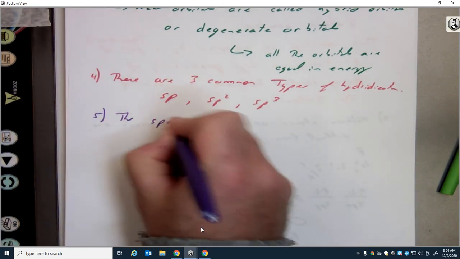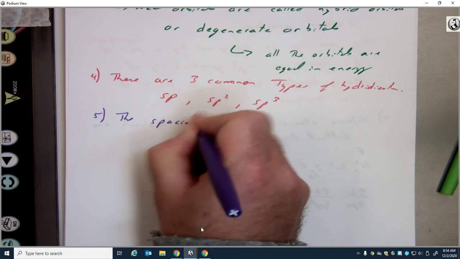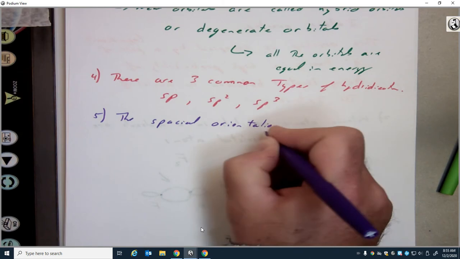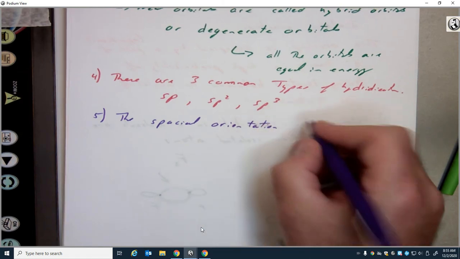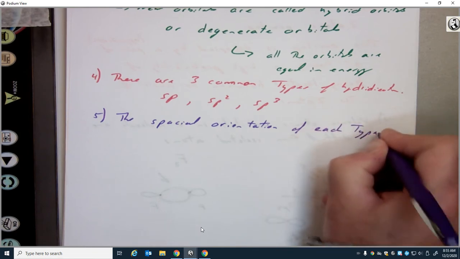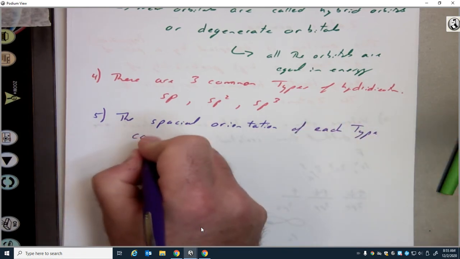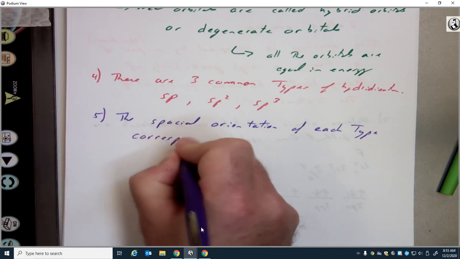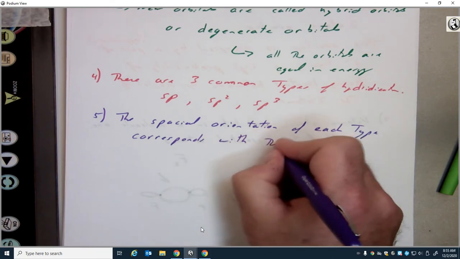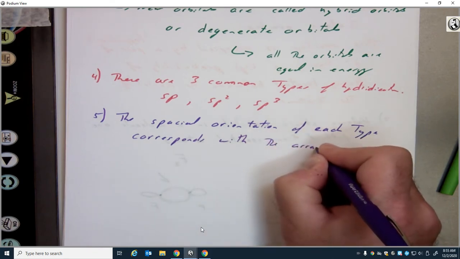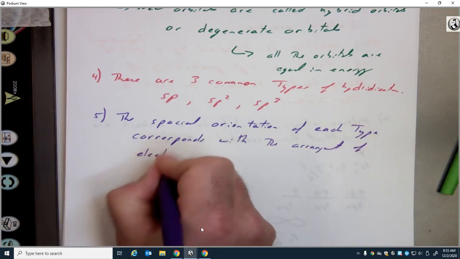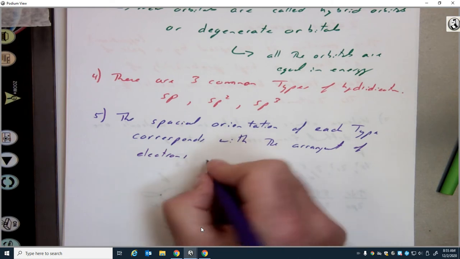The spatial orientation of each type corresponds with the arrangement of electrons predicted by VSEPR.